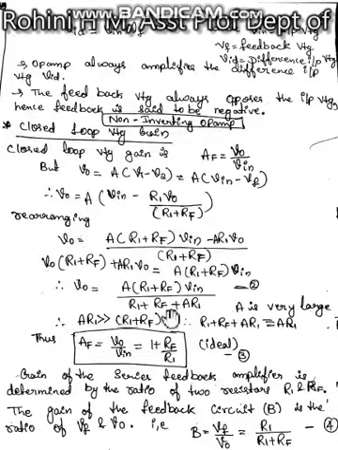We can neglect this denominator term itself. So R1 plus RF plus AR1 is almost equal to AR1 itself. If we retain the same thing, our expression will be Vout is equal to, instead of this term, we write only the AR1 term.